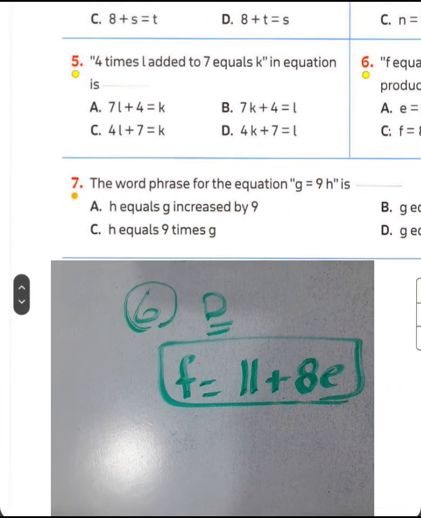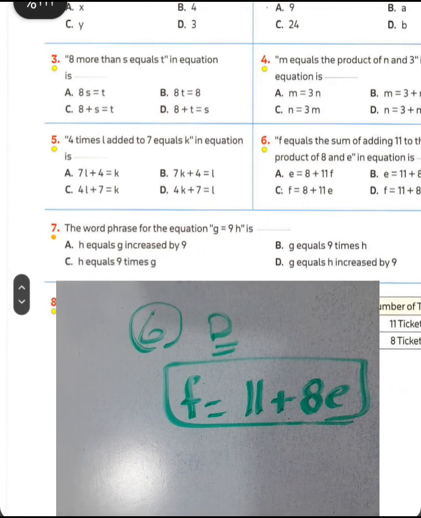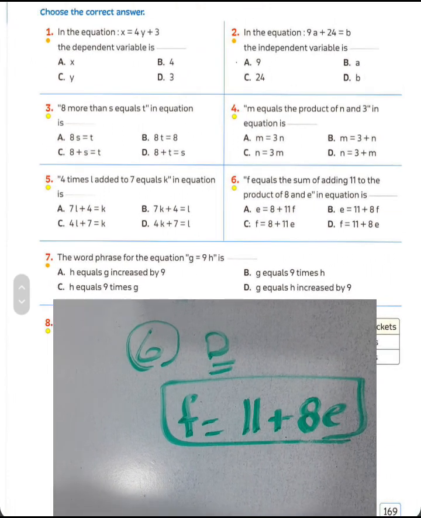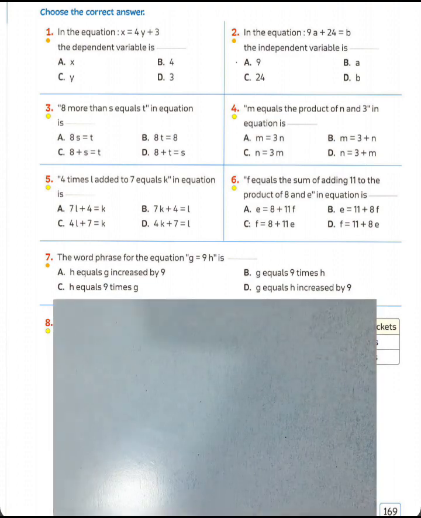Question number 7. The word phrase for the equation G equals 9H.